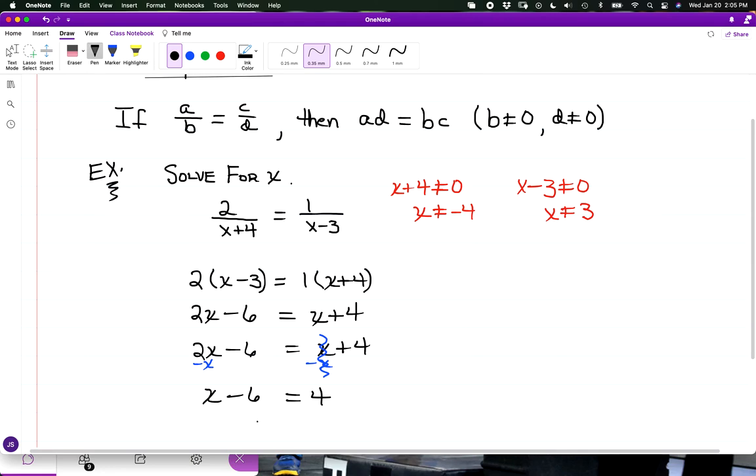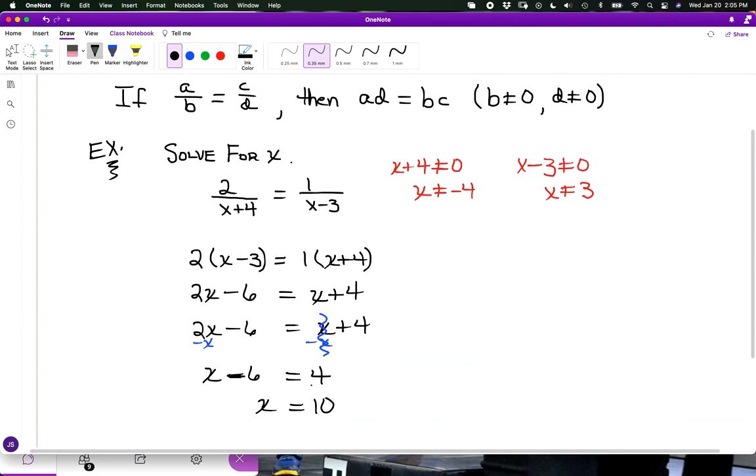And if x minus 6 is equal to 4, and I add 6 to both sides, we have the value of x equal to 10. And 10 satisfies both restrictions, not being equal to negative 4 or 3.